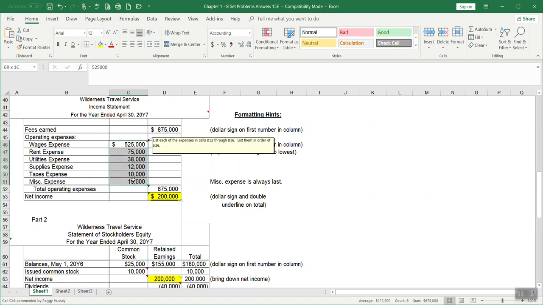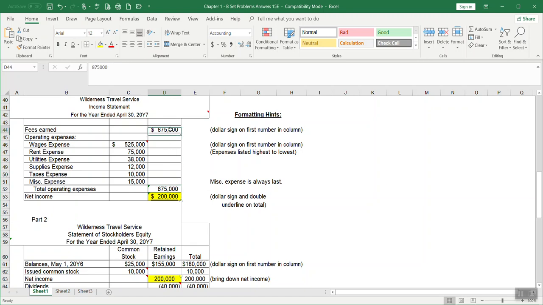Then what I'm going to do is add all of my expenses together. That gives me $675,000. In the next row, I will put that over in the right column and label it total operating expenses. That way my fees earned and my operating expenses are in my right column.